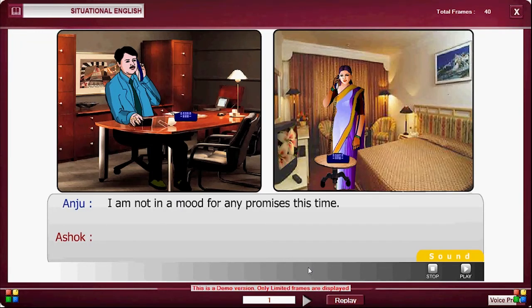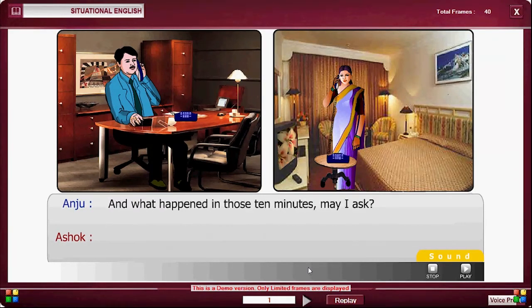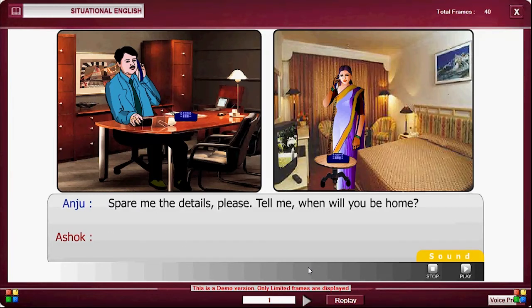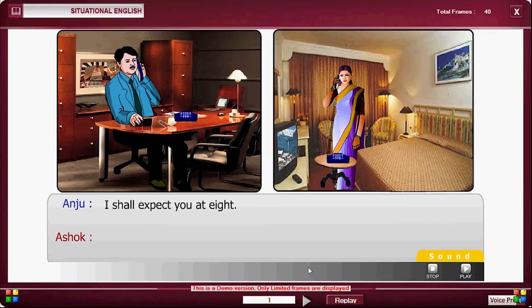What about Saturday next? I'm not in a mood for any promises this time. I'm really sorry about the whole thing. 10 minutes ago I was quite sure I was coming home, and we were both going to a film together. And what happened in those 10 minutes, may I ask? My boss called. Spare me the details, please. Tell me, when will you be home? 8. I shall expect you around 9. Your 8 actually means 9, doesn't it? Or even later. Sorry dear, I gotta go. See you at 8. I shall expect you at 8. Of course you shall.